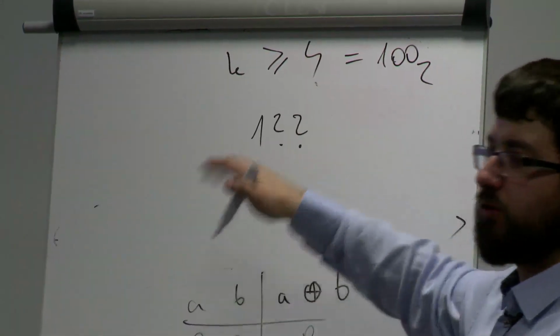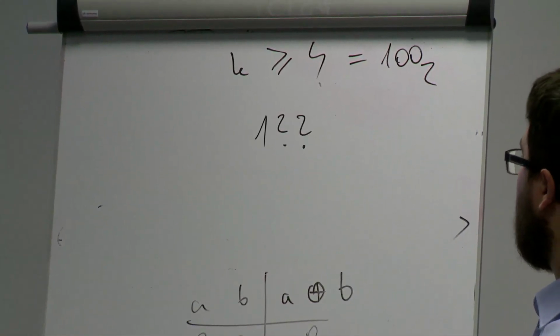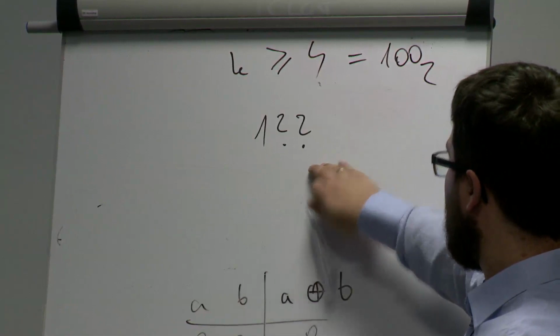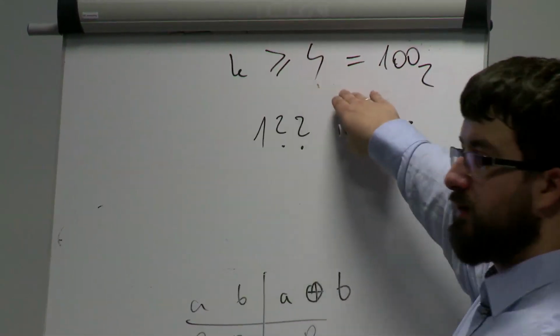It can be 0, 0, it can be 0, 1, it simply doesn't matter. Because each number would satisfy this equality.